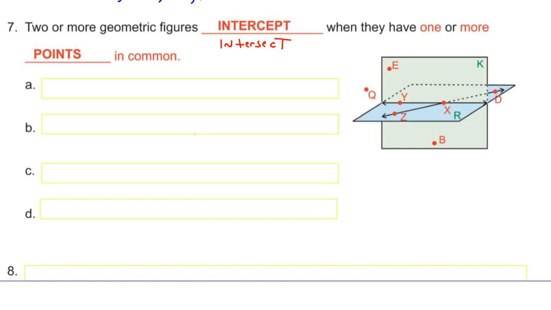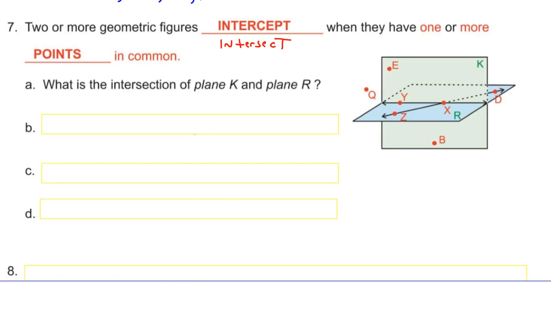Okay, so we got a figure here, and notice we got a couple planes, and you can see the green plane and you can see the blue plane. So the blue plane is kind of slicing into the green plane. And we could call the green plane plane K, right? See the shorthand, little K up there? And the blue plane would be plane R if we want to use the shorthand notations. All right, let's see if we can answer a couple questions.